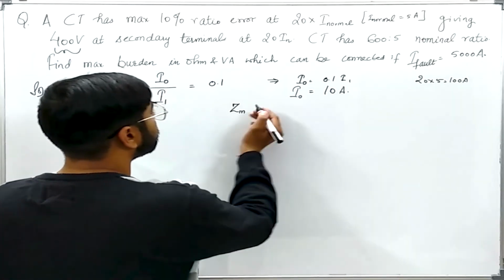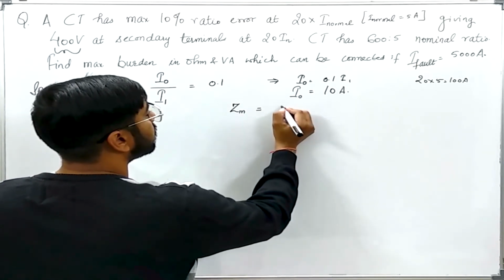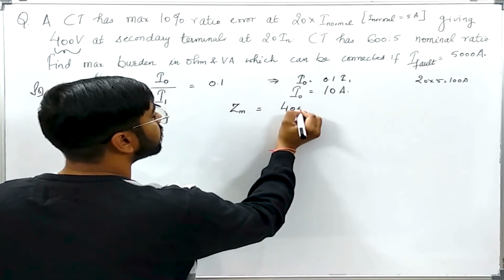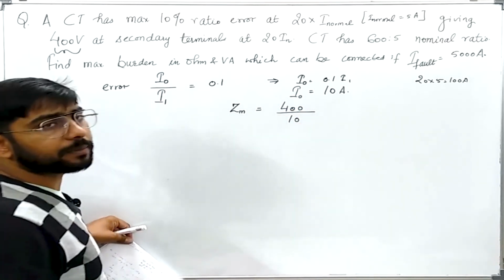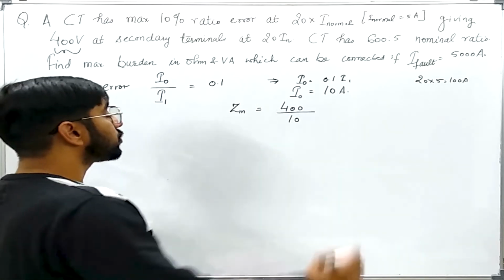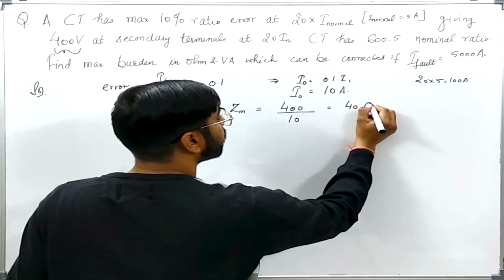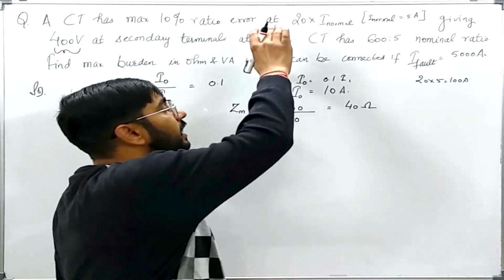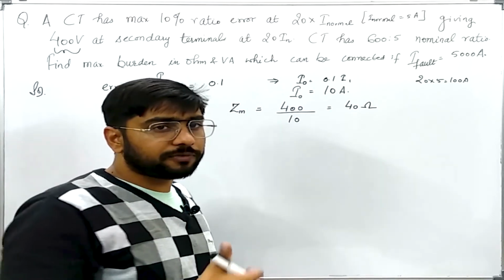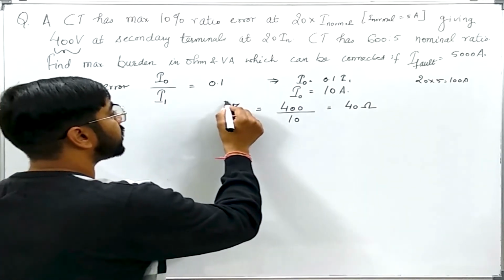So Zm is nothing but the secondary terminal induced voltage over the current in that branch, so it is equal to 40 ohm. Now we are going to assume one thing, although it is not clear in the question, but to solve further we will assume that this remains constant.